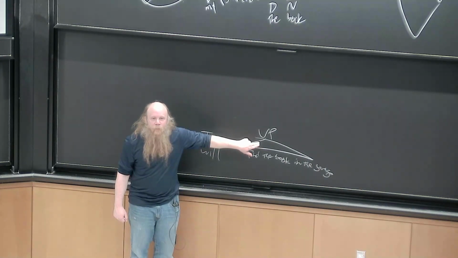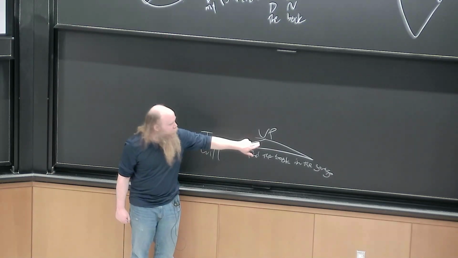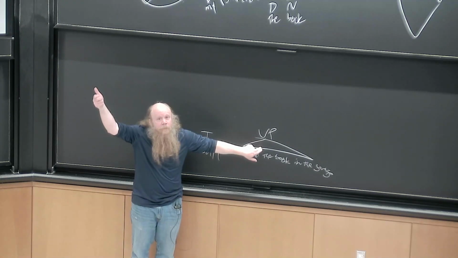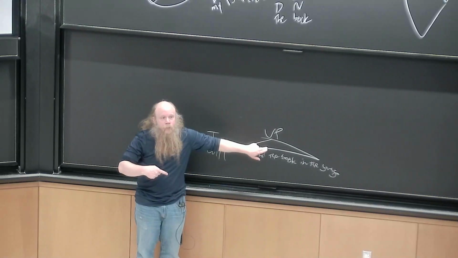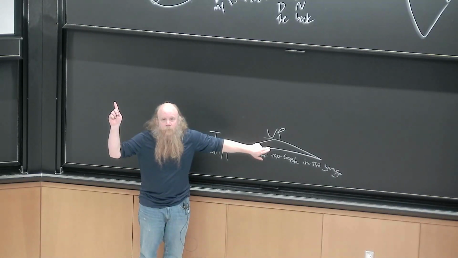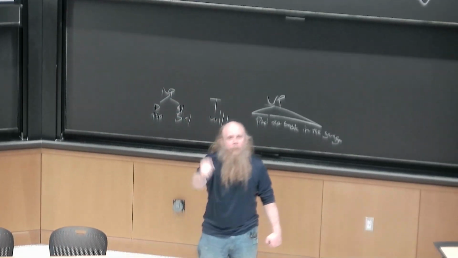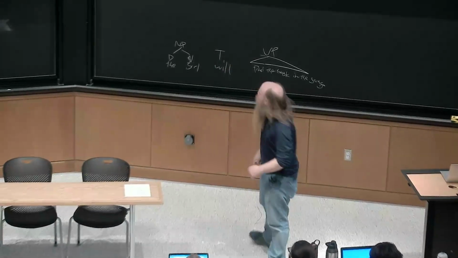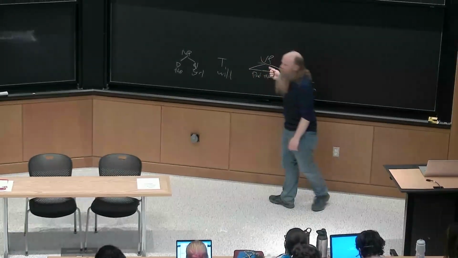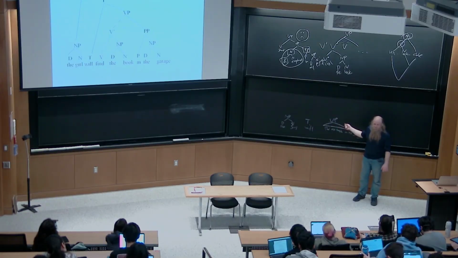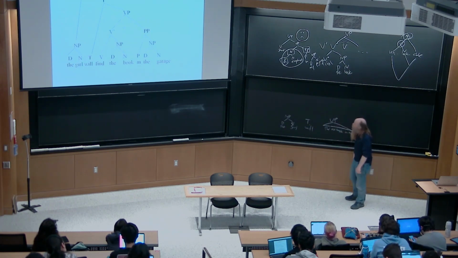It's used when you do not wish to draw the inside of a structure. So this is just an abbreviation for that. Is that okay? So I've just used a triangle here so that I won't have to draw that entire verb phrase. What I really need is like a stamp or something that I can use on the blackboard that will create these phrase structures for me. We'll tell you on problem sets if we want you to not use triangles. Sometimes we'll ask you not to use triangles so that we can make you show us everything that you think about the insides of structures. But for now, I'll use a triangle.